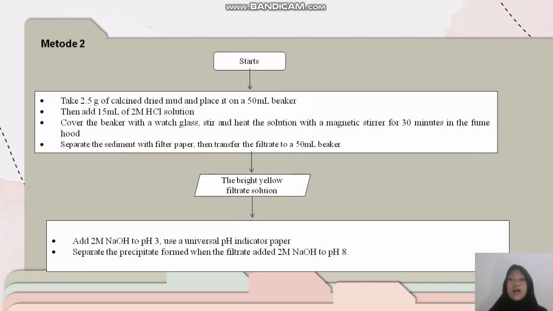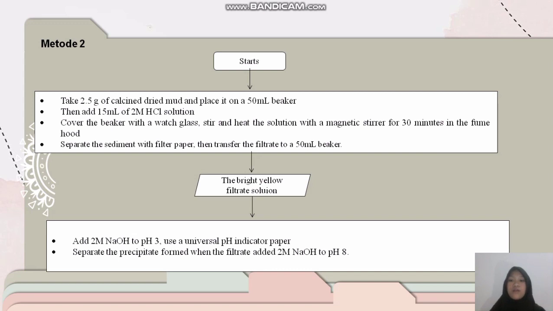Method 2. Take 2.5 grams of calcined dried mud and place it in a 15 ml beaker. Add 15 ml of 2 M HCl solution.